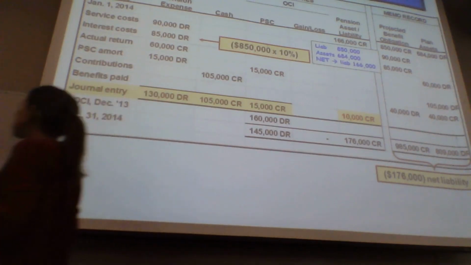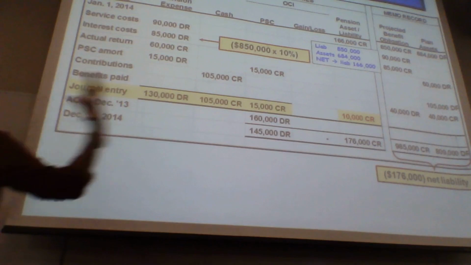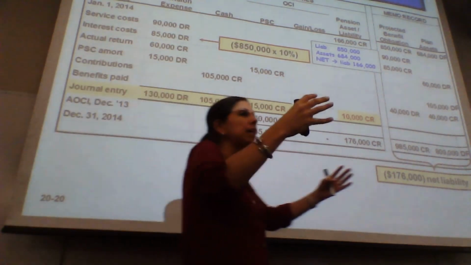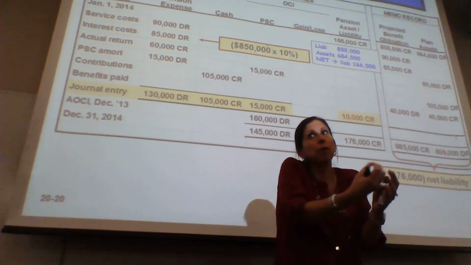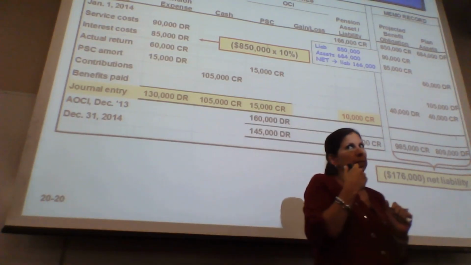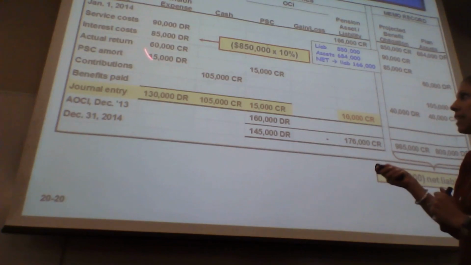The next component is that amortization. We had some sort of plan amendment in a prior year, and we're slowly but surely taking that big loss. We don't know how much the loss was initially, but they hit some big loss, they put it in OCI, and slowly but surely over time, they're pulling it out of other comprehensive income and putting it into pension expense. So the amount of that amortization for this year is $15,000.